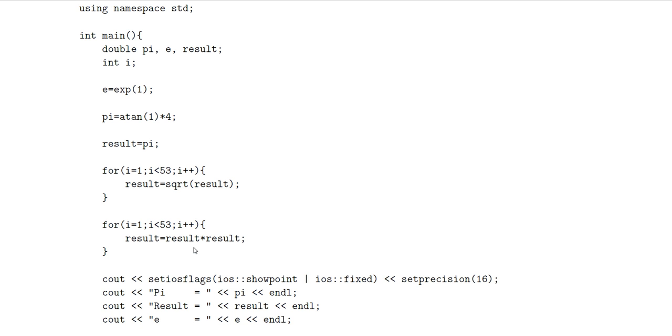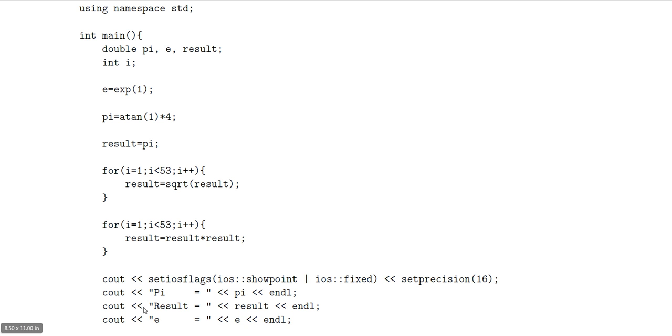Now, in human thinking, we should take a look at this. If I had infinite precision, I do 52 square roots followed by squaring 52 times, they would cancel each other out, and result should still hold pi. So all I do here is I just set the flags. This sets the decimal point, sets it as a fixed thing, gives me 16 digits of precision, so that just shows 16 decimal places.